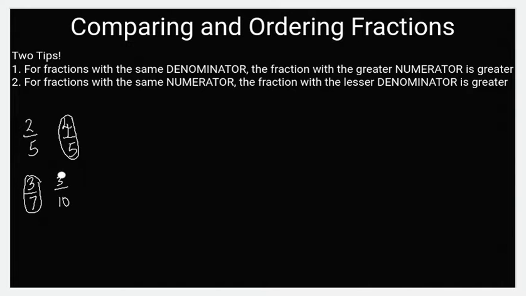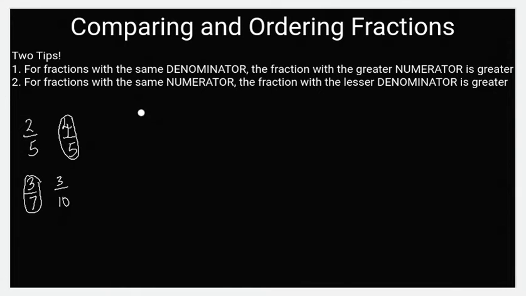So when the numerators are the same, the fraction with the lesser or the least denominator would be the greater or greatest fraction, depending on how many fractions you have. And then in this case, where the denominators are the same, the fraction with the greater numerator is the greater fraction. So these are two tips to help you as you move on in ordering and comparing fractions.